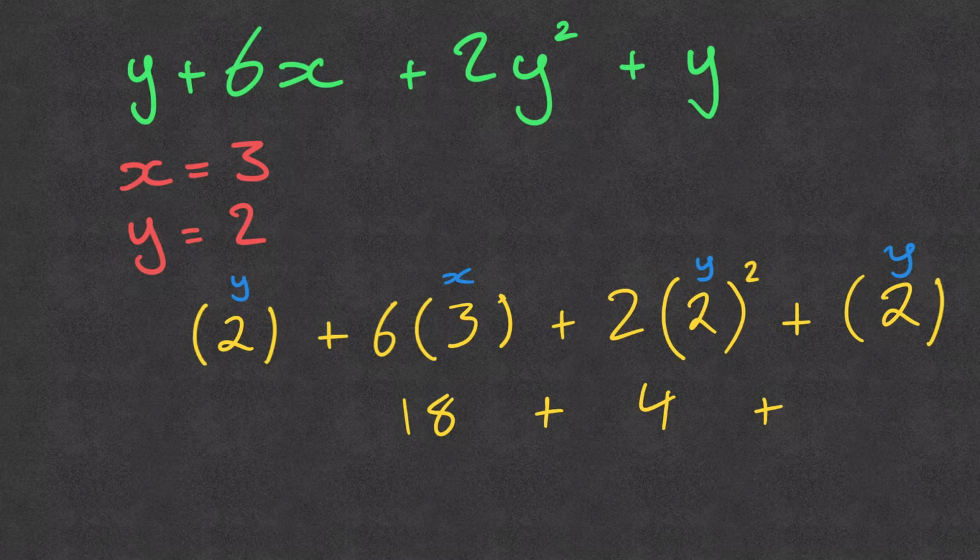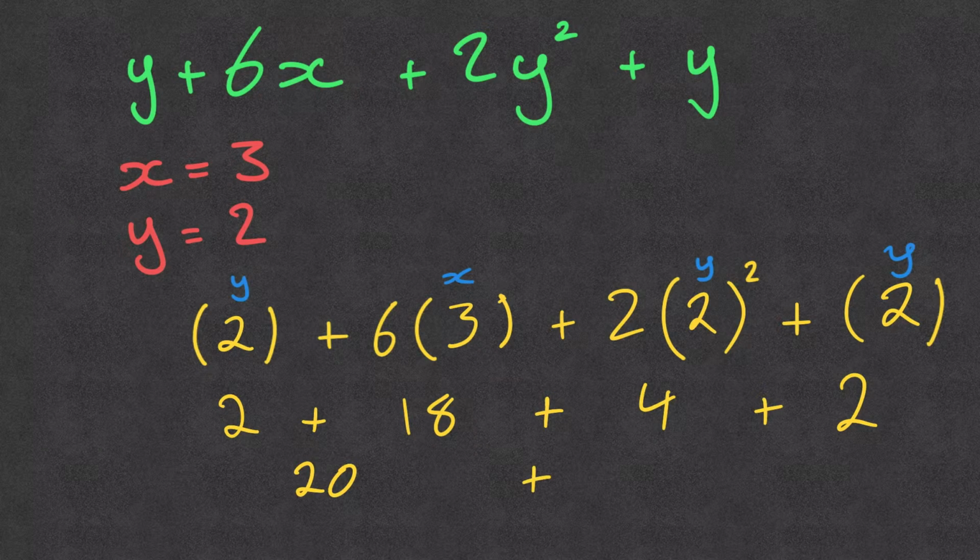And then we'll drop everything down from the previous line as well, that we haven't touched. Now we have a pretty easy equation. 2 plus 18 is 20, and 4 plus 2 is 6. So now 20 plus 6 equals 26.